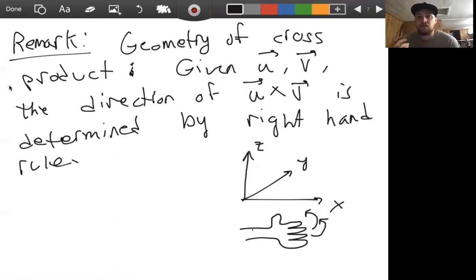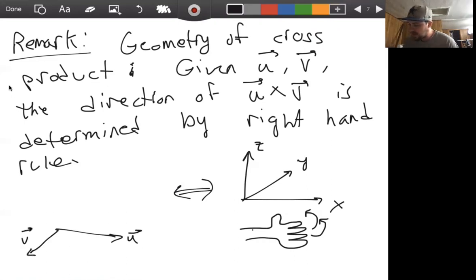Now, when I say that the cross product is determined by the right-hand rule, it's no different. So analogously here, if we have vectors u and v here, and I take my right hand and point it in the direction of the u vector, notice my hand, to be able to curl my fingers towards v, I have to have my hand facing down, right?